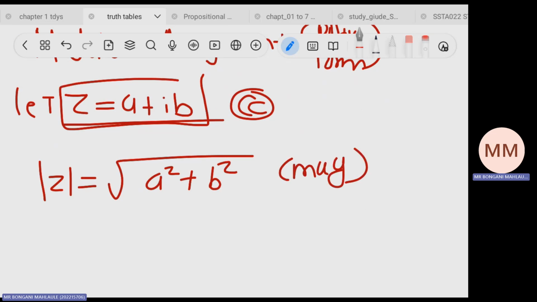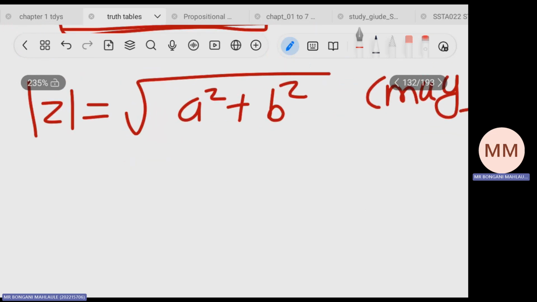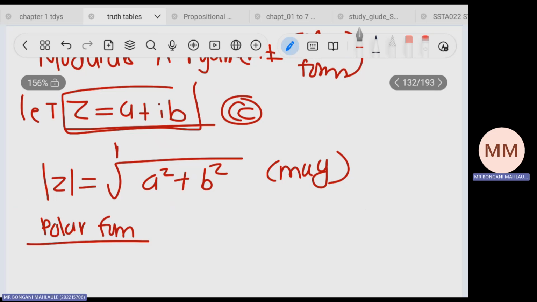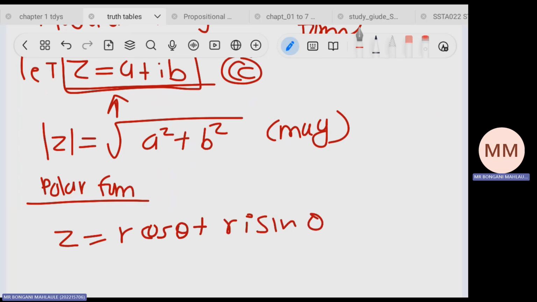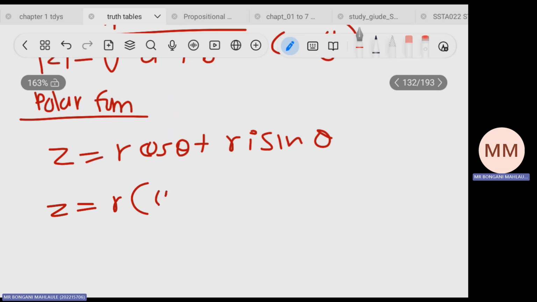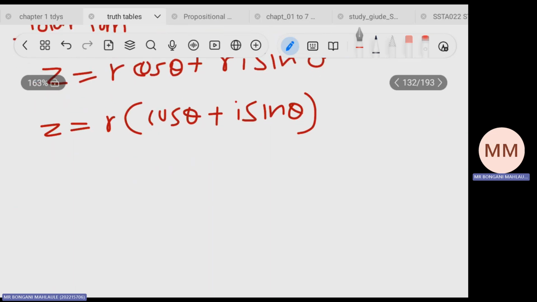So the polar form of this complex number is going to be given by r cosine of theta plus ri sine of theta, or you can write it as r times cosine of theta plus i sine of theta, meaning that r is equal to the magnitude of z.